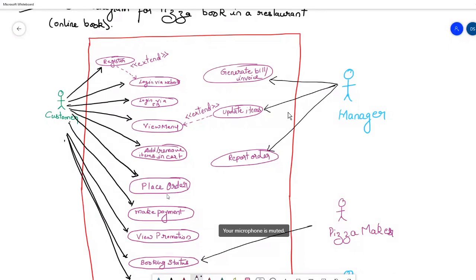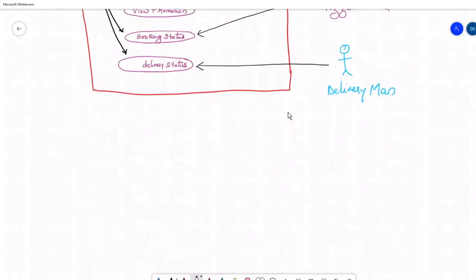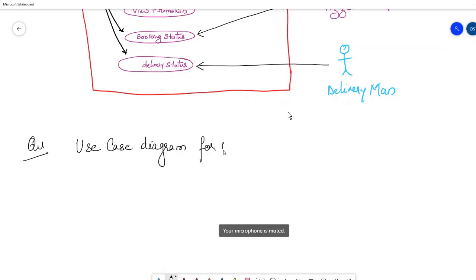Now I'll just give you two questions. Try them yourself and see whether you can do them. You can draw a use case diagram for online reservation, making a reservation system.